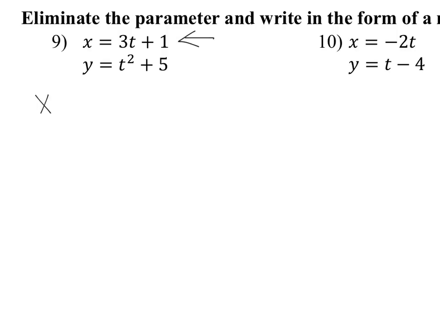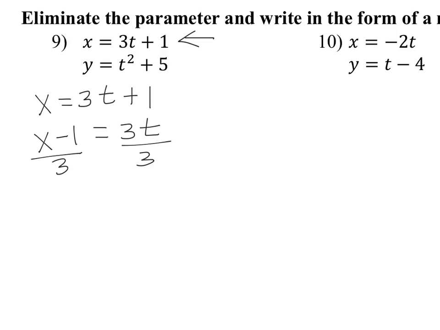So I write down my equation here for my work. The first thing I'm going to do is subtract 1, and then divide by 3. Those 3's cancel out, so I get t equals x minus 1 over 3.